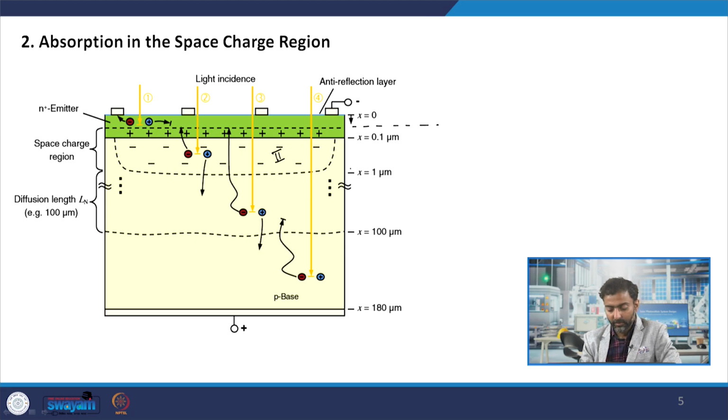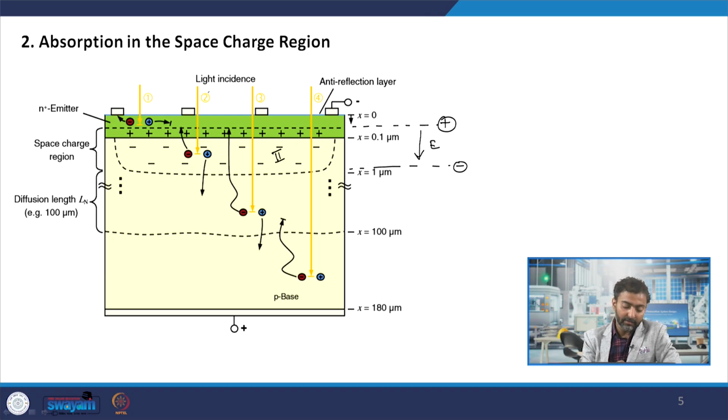As we discussed about the formation of the space charge region, excess electrons have left the n plus emitter, so this becomes relatively positively charged, and excess electrons have come to the p side, so this becomes relatively negatively charged. So these are like the two plates of a battery, let us say. So you have the electric field going like that from the positive to the negative terminal.